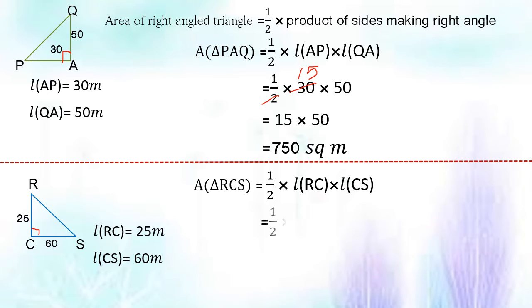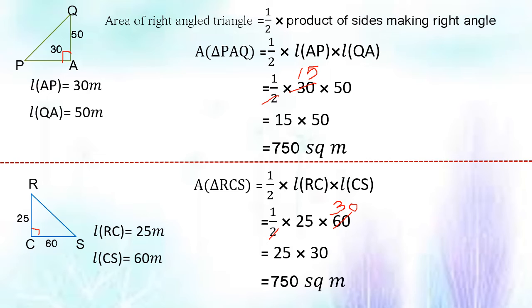Right? So RC is 25, CS is 60. Dividing by 2, 2 3s are 6, 0. So 25 into 30, and this will be equal to again 750 square meter. Therefore, area of both these triangles is 750 square meter.